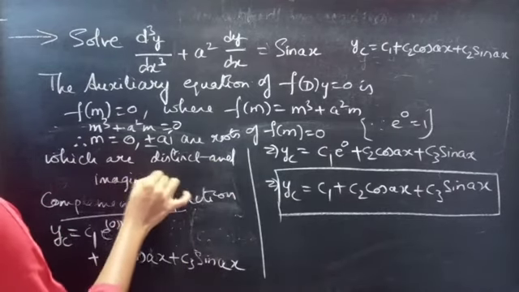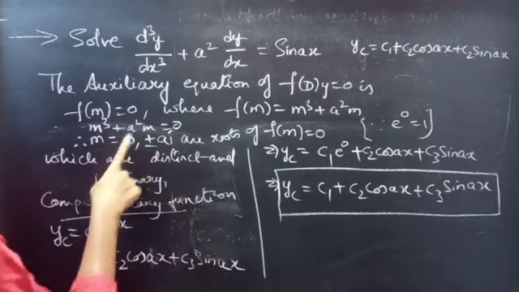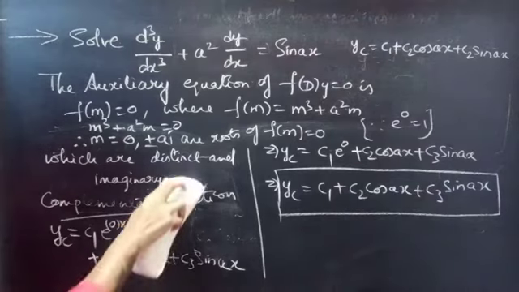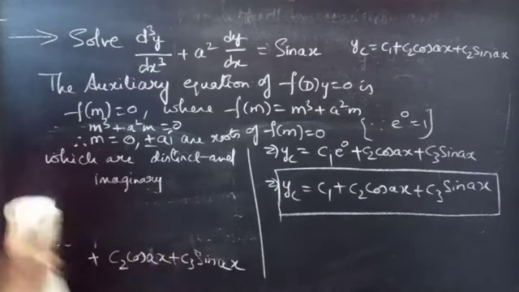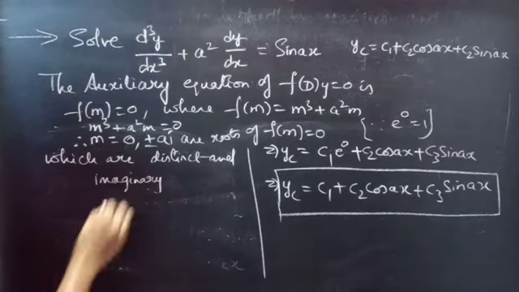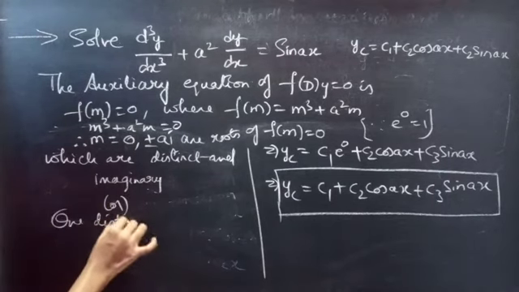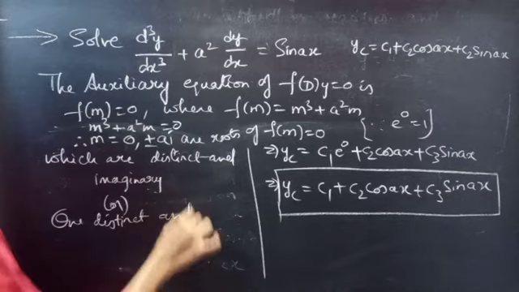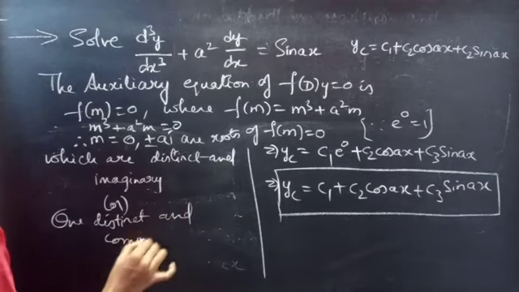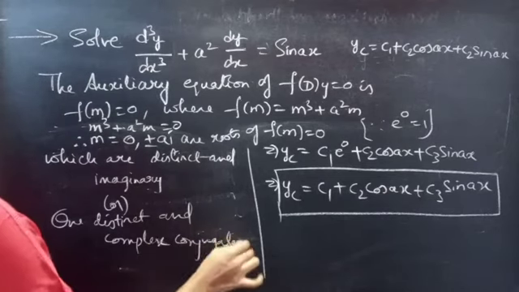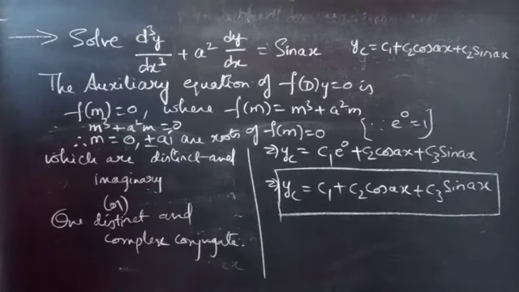You can also say one distinct root and two imaginary roots, or one distinct and complex conjugate.